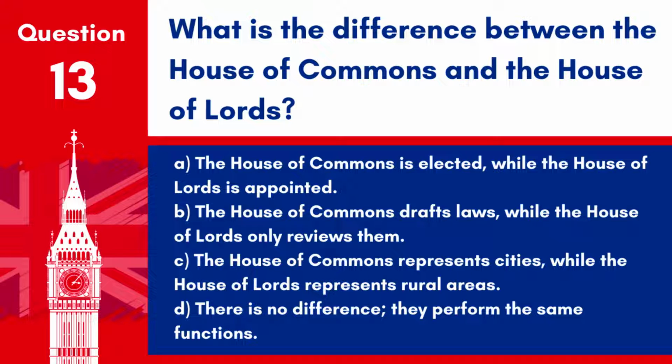D. There is no difference, they perform the same functions. Answer A. The House of Commons is composed of members of Parliament elected by the public, whereas the House of Lords is made up of appointed members.